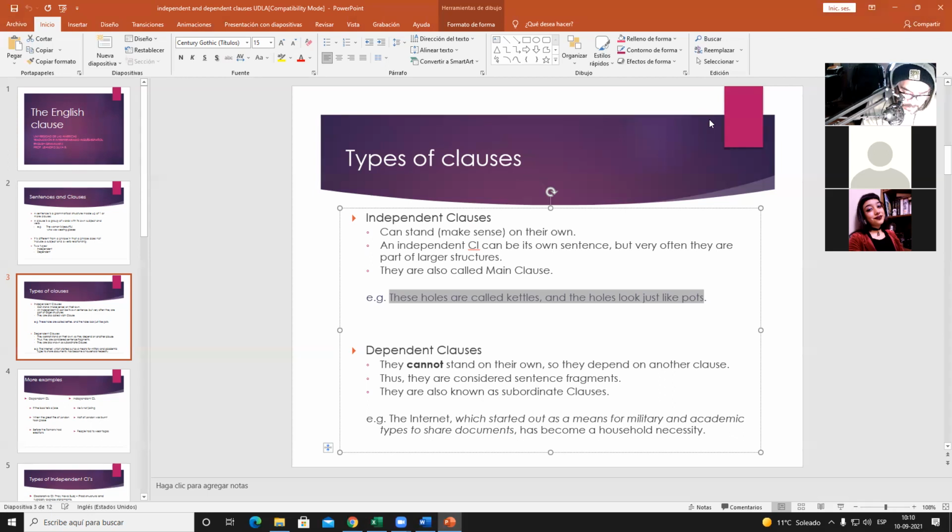In this case, dependent clauses can't turn into a sentence because they don't have enough meaning, and because they are sentence fragments. Third point, really important: dependent clause is a term, but they are also known as subordinate clauses. Subordinate clause is another name for a dependent clause. So, okay, we're going to take a look at this.